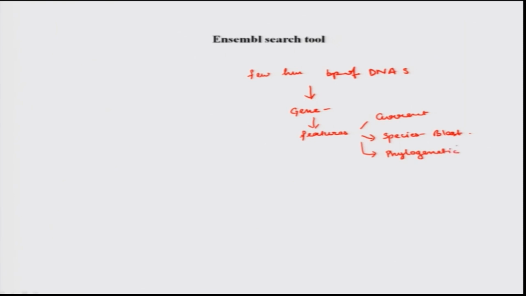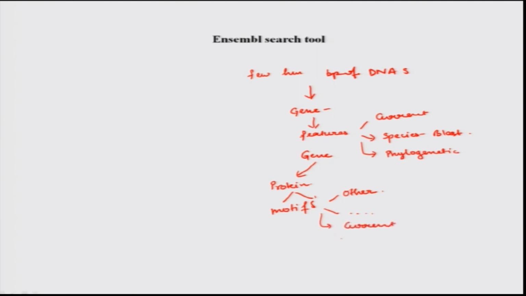From that gene you can go to the protein sequence. You can see which motifs or conserved motifs it has, and how well it is conserved in the other species and so on. What is the current literature about that protein?